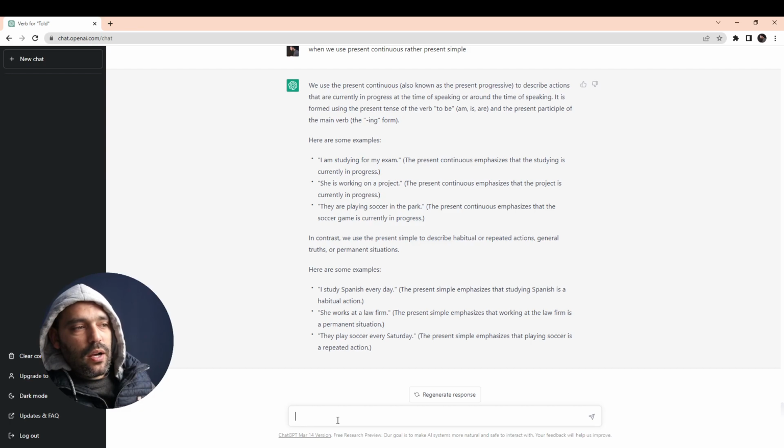She works at a law firm. The present simple emphasizes that working at the law firm is a permanent situation. They play soccer every Saturday. The present simple emphasizes that playing soccer is a repeated action.